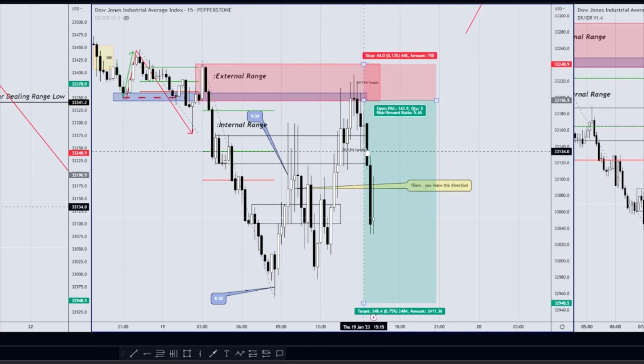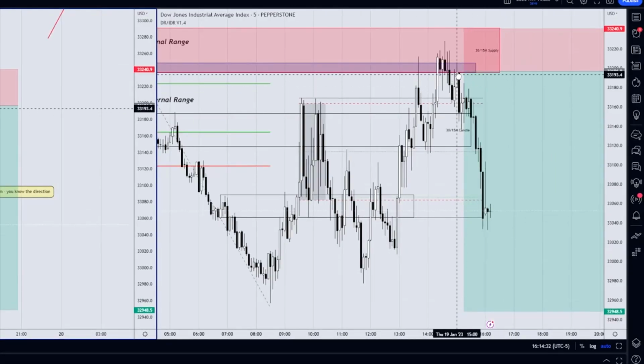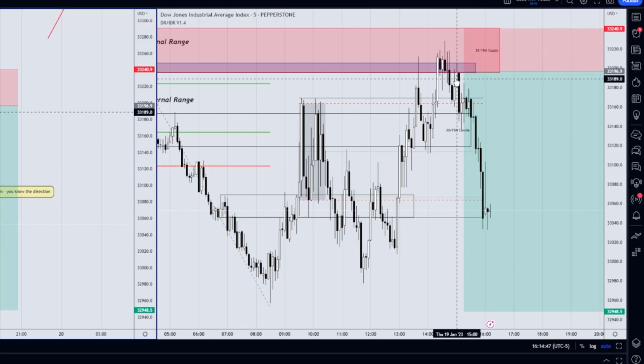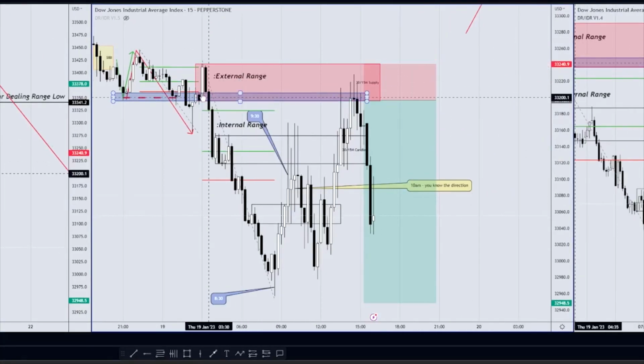There's a break structure just by here. Lots of places we could have entered. On the 5 minute didn't really see a break structure until down at this level, so it's not a particularly great time.